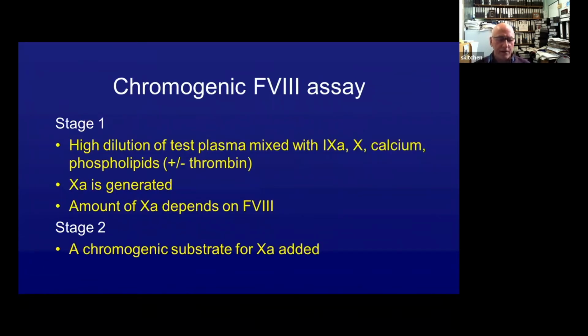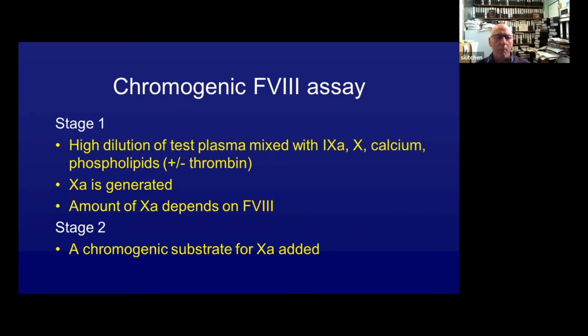Chromogenic factor VIII assays are increasingly available and increasingly used in a number of regions. The principle is different. It's shown here on this slide. We have usually a higher dilution of the test sample. That has some implications, some advantages in relation to losing the impact of interfering substances. The kit reagents contain 9A and 10 calcium phospholipids.